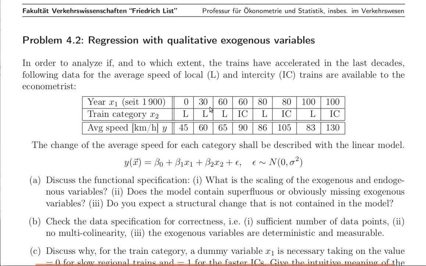Obviously no superfluous variable. Obviously the year matters because the speed increases, and obviously also the train category matters. But maybe there are some other missing variables, for example the country or also the density of stations. If there are many stations, then of course the average speed will be lower. But basically this is a correct specification regarding the functional specification.